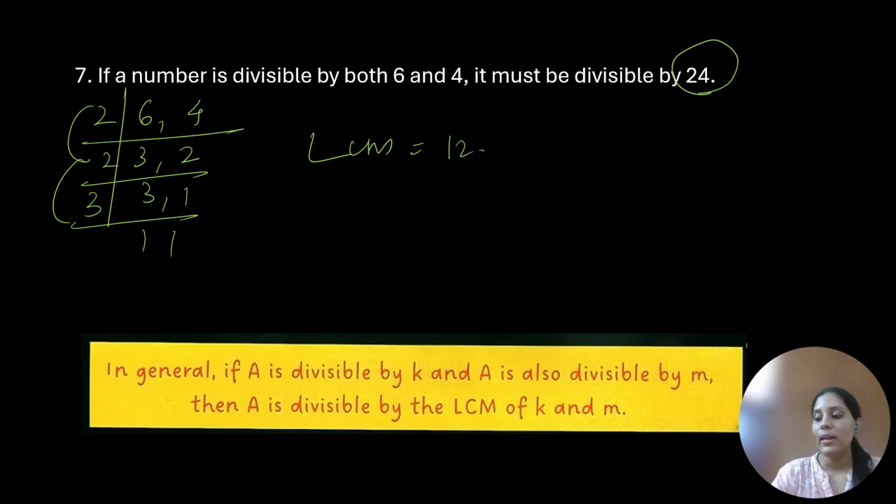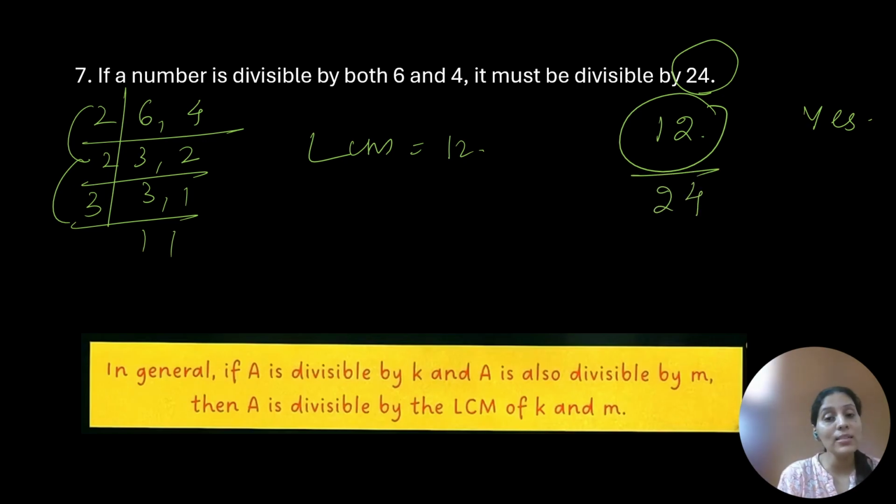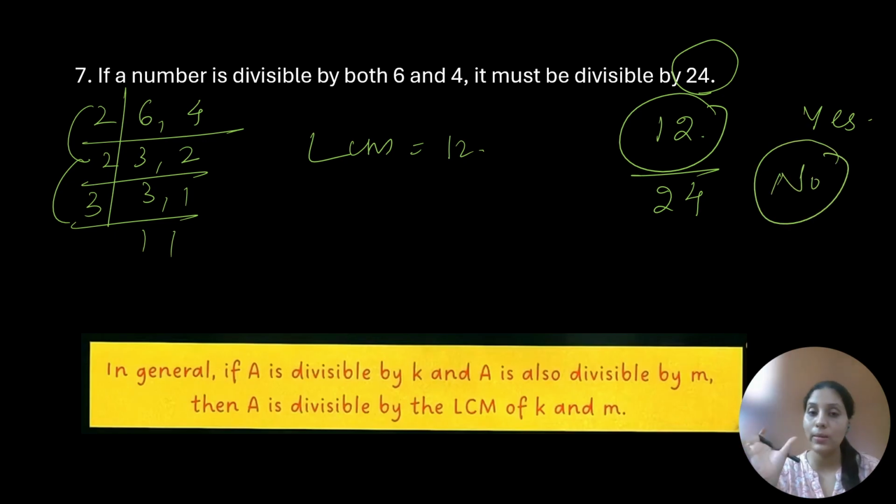What do you think? Let us take some example. If a number is divisible by 6 and 4, let us take 12. Is 12 divisible by both 6 and 4? Yes, it is. But is it divisible by 24? 12 by 24, is it divisible by 24? No, it is not divisible.